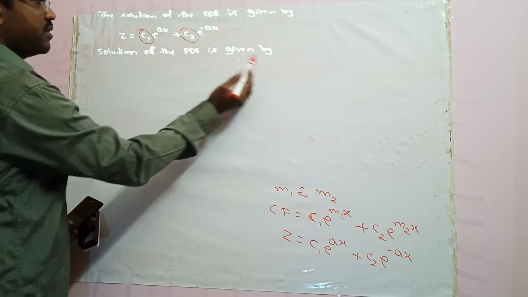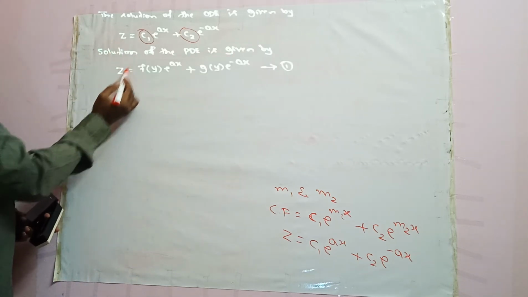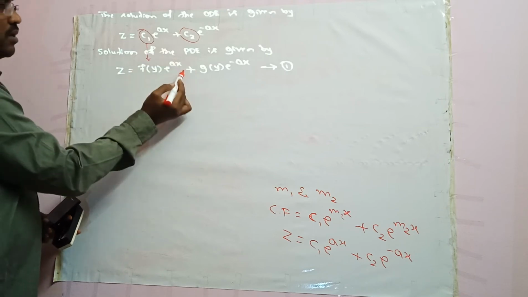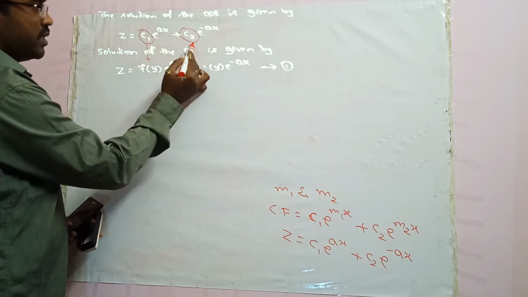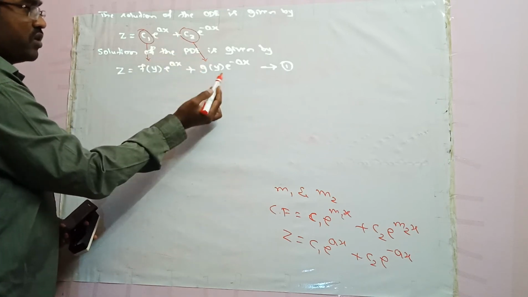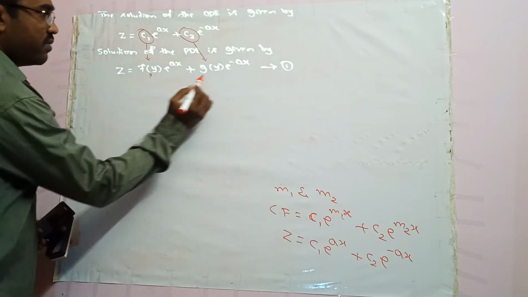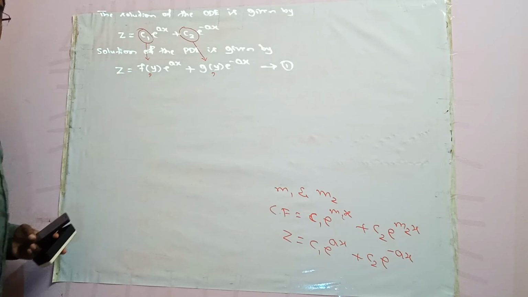The solution of the PDE is given by z equals C1, taken as a function of y, f(y), e^(ax), plus C2, taken as a function of y, that is g(y), e^(-ax). Now we need to find f(y) and g(y) using the given conditions.